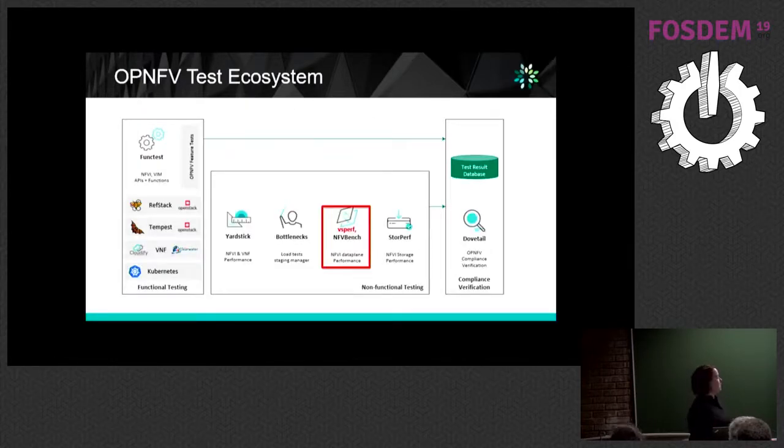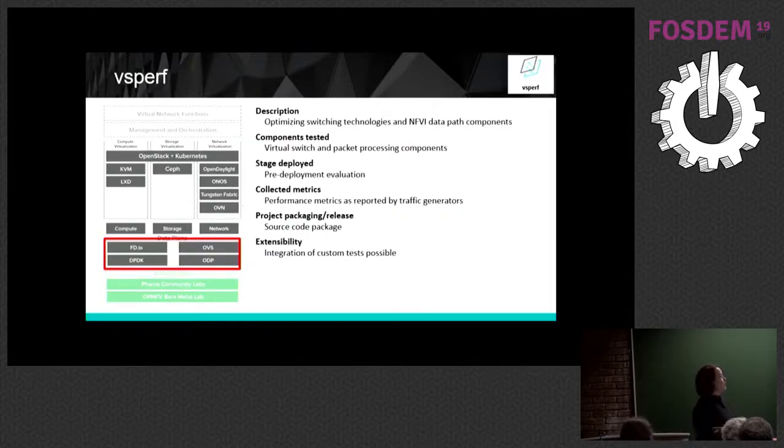So next up is VSperf, which is one of the two tools we have for NFVI data plane performance. And VSperf is used for optimizing the performance of your vSwitch. It lets you test out different configurations in your environment to determine what's the best configuration for your vSwitch.